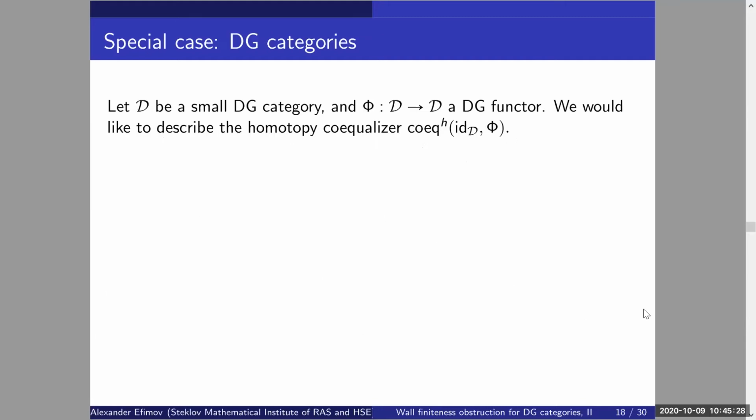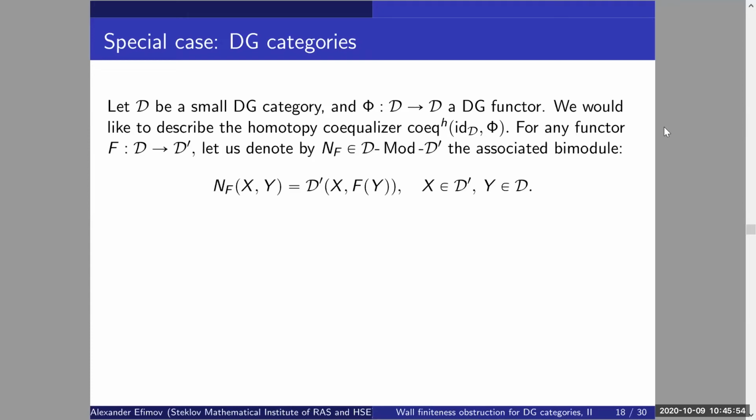Okay, and now we want to figure out what happens in the special case of DG categories, which we're interested in. So let's take first any DG category D and some endofunctor phi of this category. We want to describe the homotopy co-equalizer of identity and phi. We have the standard association of a bimodule: for any functor, we associate a bimodule in the usual way.